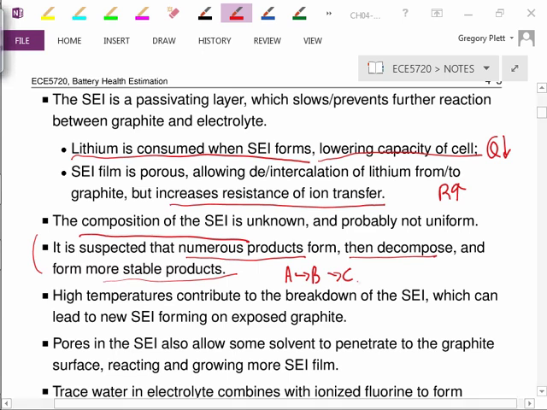And it's thought that the SEI film near the surface of a particle has a different composition than the film at the exterior, right at the electrolyte interface, that there are layers actually, but amorphous layers, not structured layers in the SEI film.